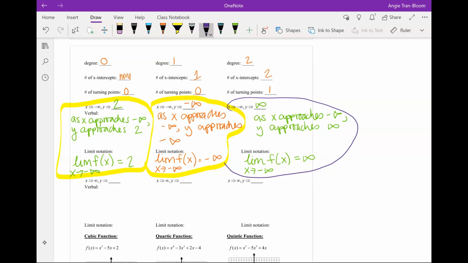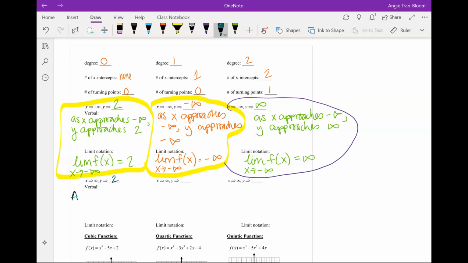Okay. Now the verbal on the bottom. Can you guys see, how would you read this before I write it out? What would this say? As x approaches infinity. I'm looking for what y is approaching. Okay. So for the constant, what's y approaching? 2. We knew that was 2.